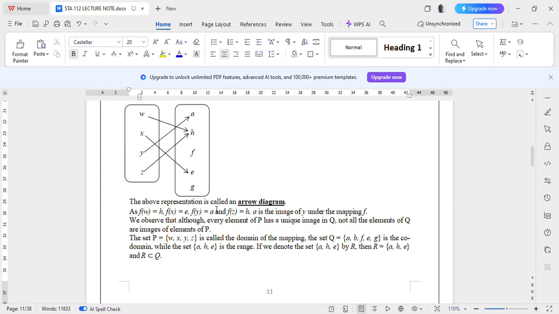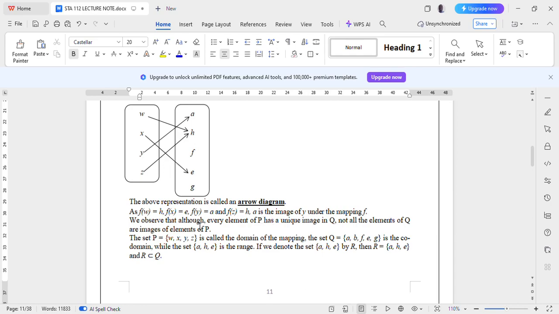Now this is what they call the arrow diagram. You can see clearly now f of W is H, as I've said before. F of X is equal to E, f of Y is A, and f of Z is H as well. So A is the image of Y under the mapping f.